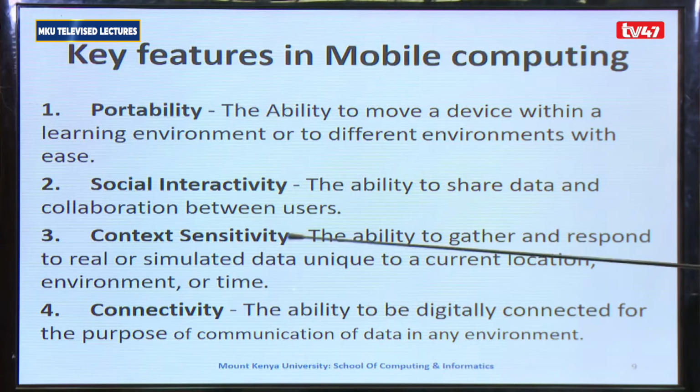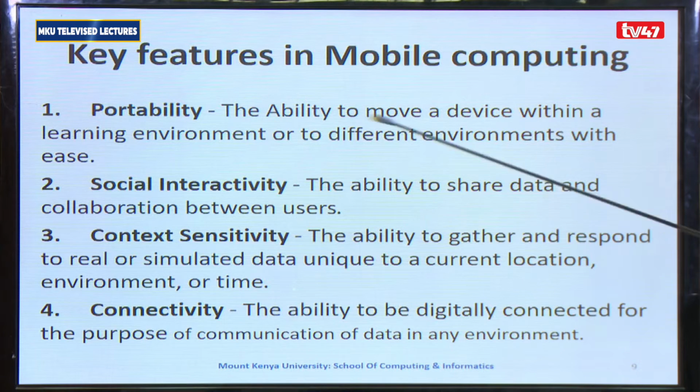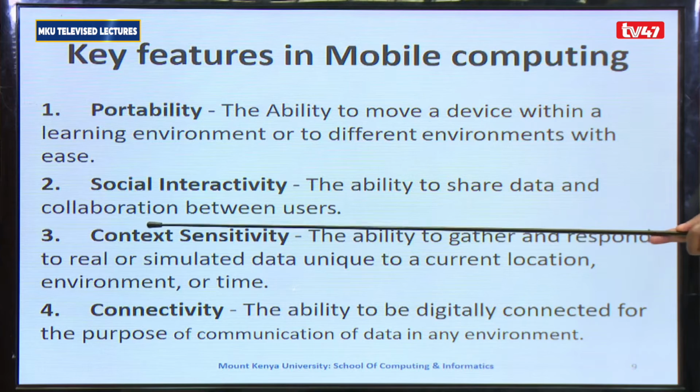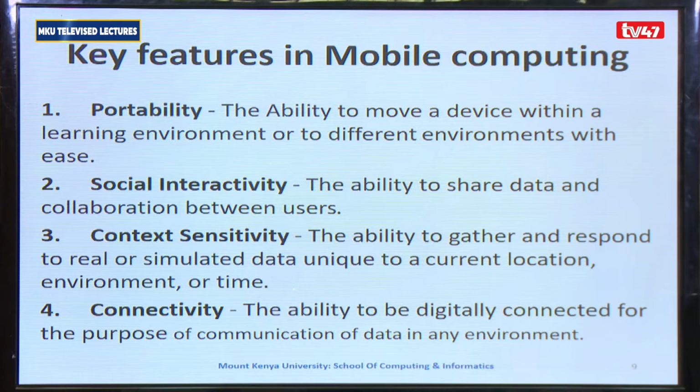What we mean by this is the moment I move from one locality, for example, from the country I am in to another country, the context in terms of the default language that is used, the time, the geolocation, the positioning changes, then it means a mobile device is able to sense the context and be sensitive to it and respond by changing the settings accordingly.